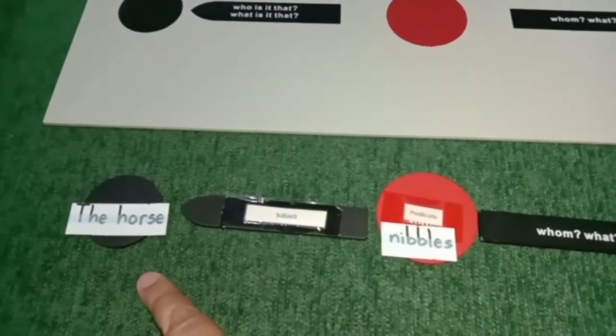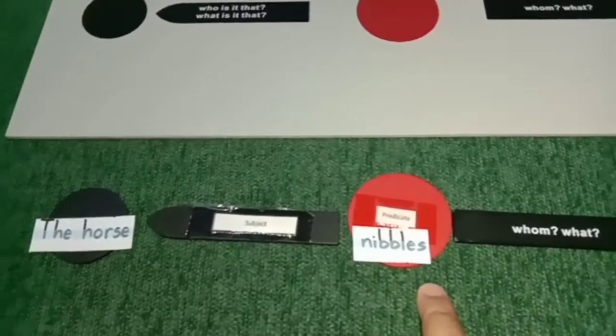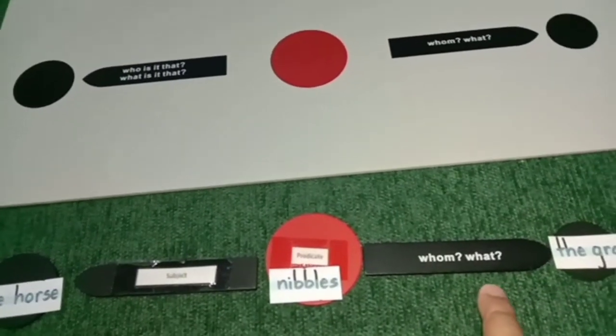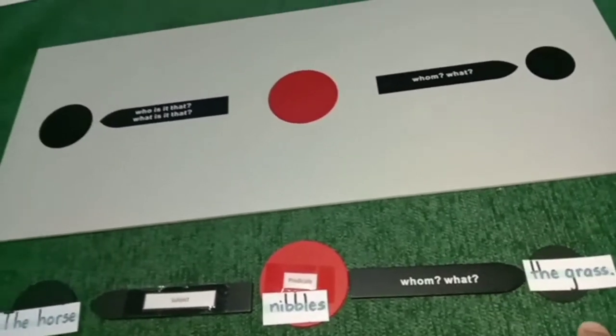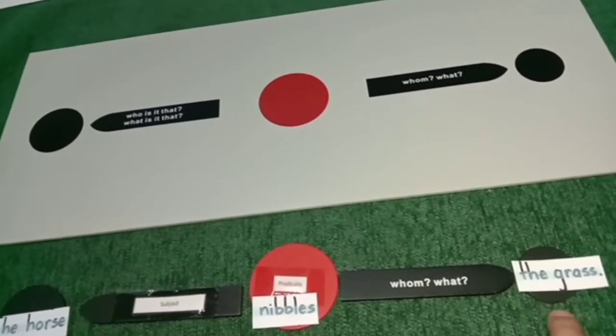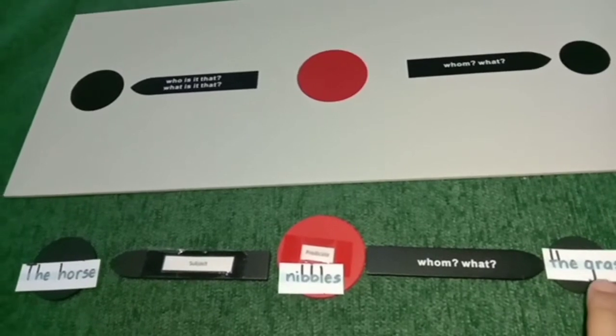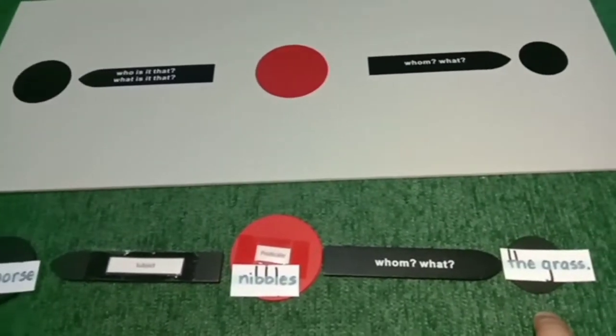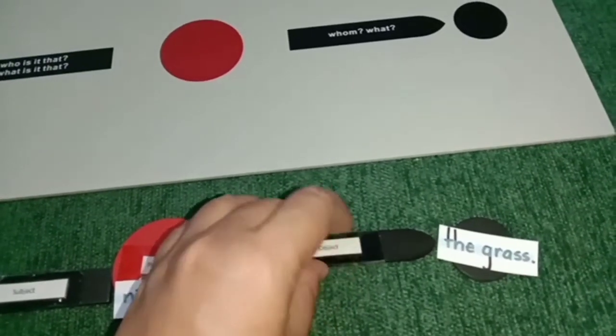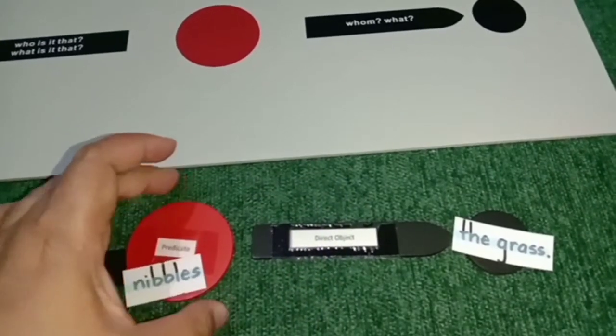The horse nibbles what? For the noun that is receiving the action, we call it object. So I'm turning over the arrow, the black arrow here.